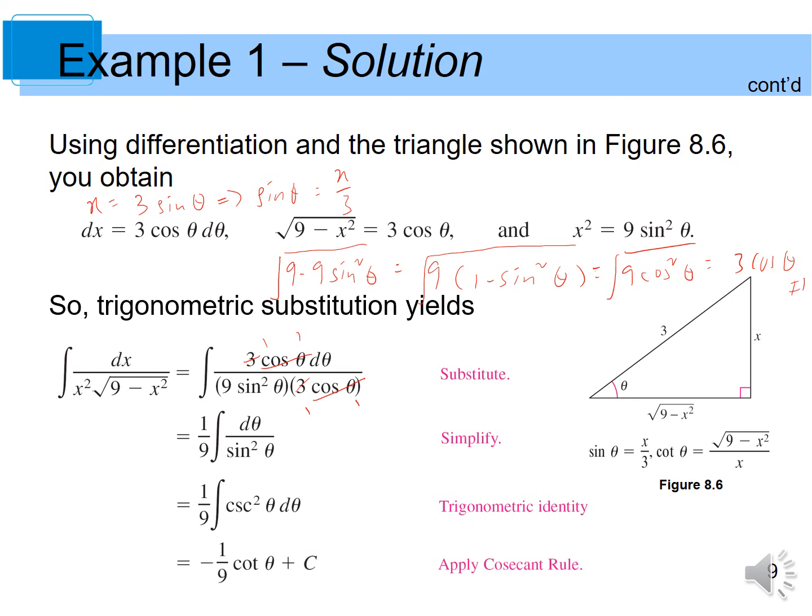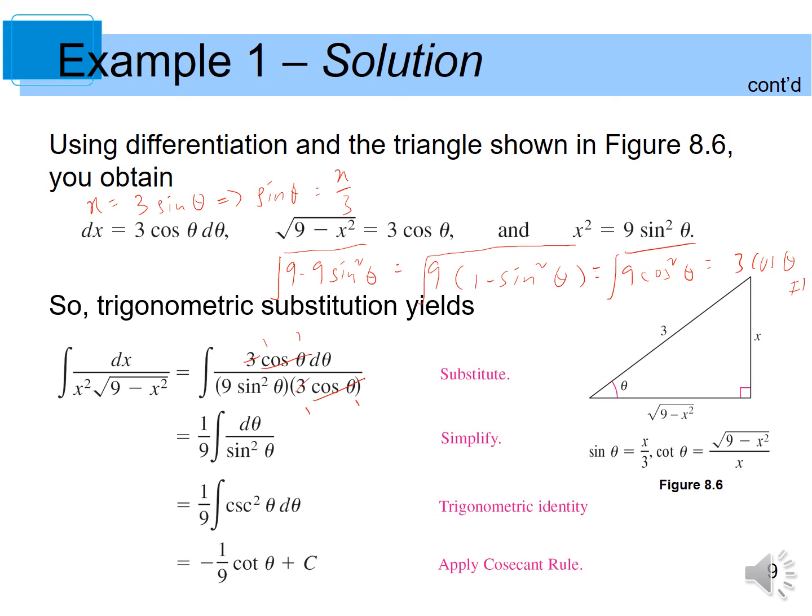We have negative cotangent theta, and since this is an indefinite integral, we produce the general solution and write plus C. And what is cotangent theta? Based on this triangle, cotangent theta is adjacent over opposite.